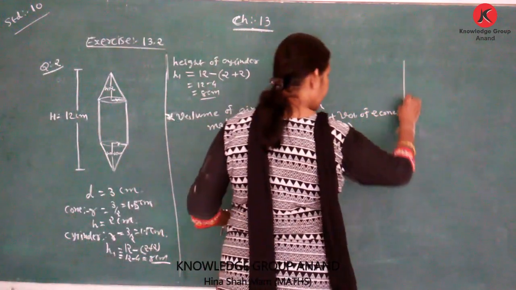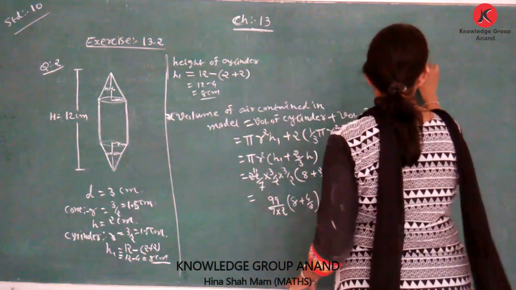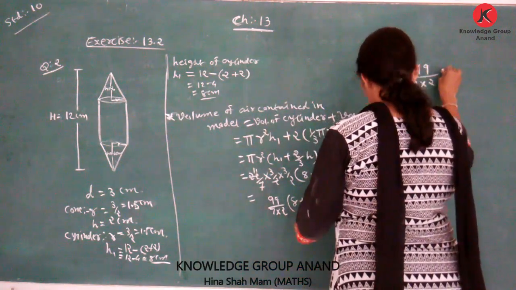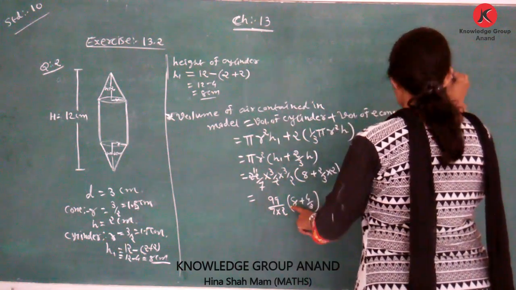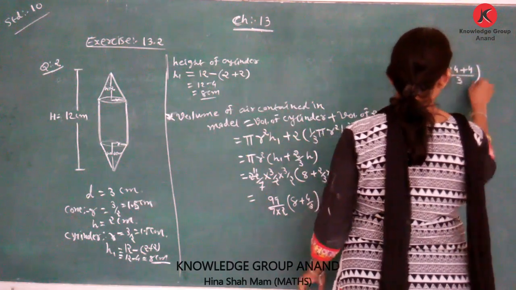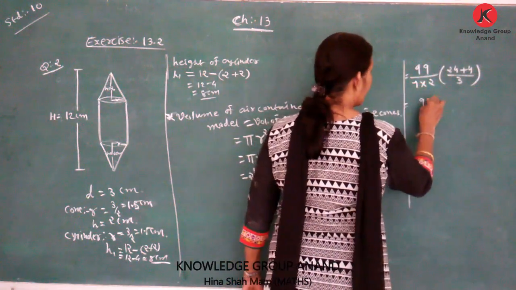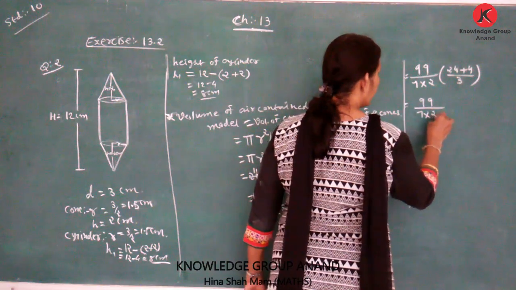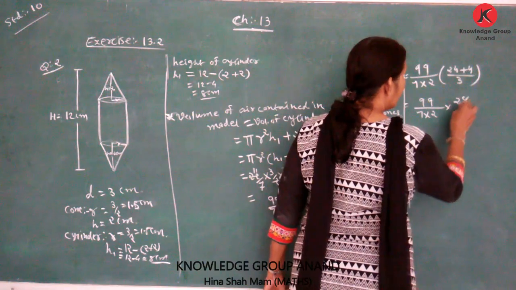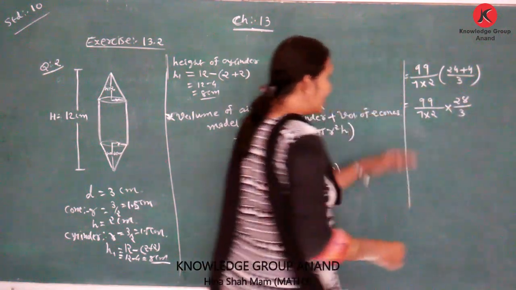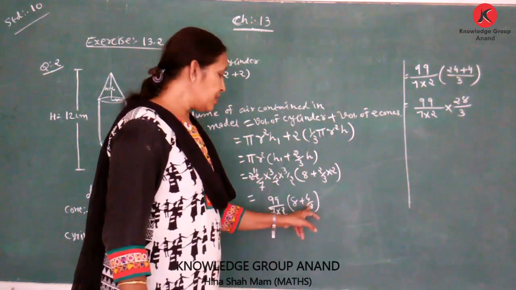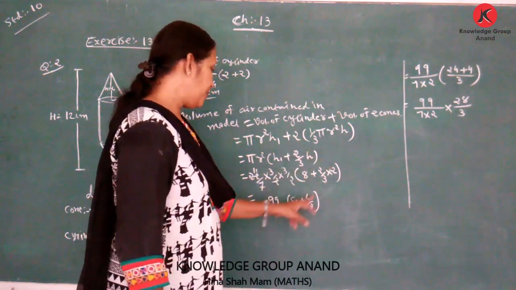Simplify these terms. 99 upon 7 into 2, multiplied into the bracket. Taking the LCM, 8 plus 4 upon 3 is equal to 99 upon 7 into 2 into (24 plus 4) upon 3, which is 28 upon 3. Taking the LCM, 8 threes are 24, plus 4 upon 3, gives 28 upon 3.